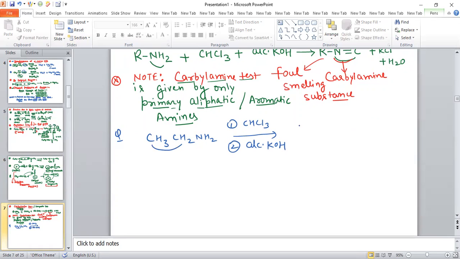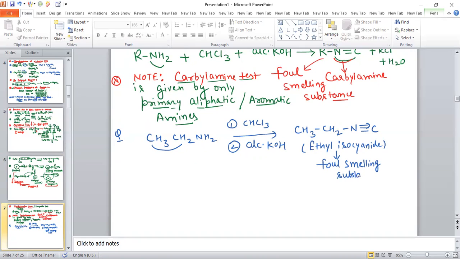This NH2 will convert into the NC group, where the direction of the coordinate bond is from nitrogen to carbon. Ethyl isocyanide is obtained as the product, and this is a foul smelling substance.